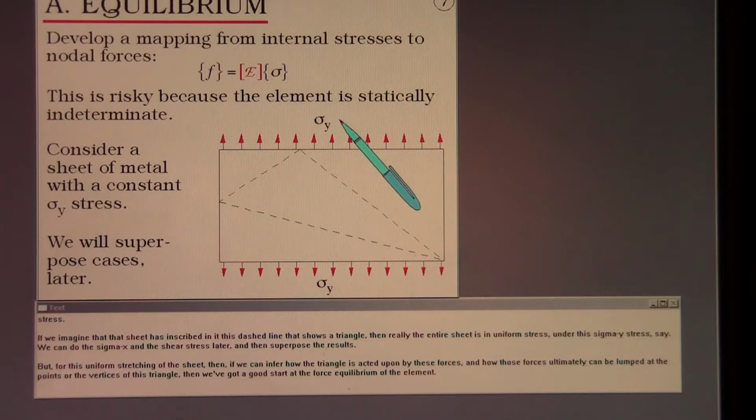We can do the sigma x and the shear stress later and then superpose results. But for this uniform stretching of the sheet then, if we can infer how the triangle is acted upon by these forces and how those forces ultimately can be lumped at the vertices of this triangle, then we've got a good start at the force equilibrium of the element.